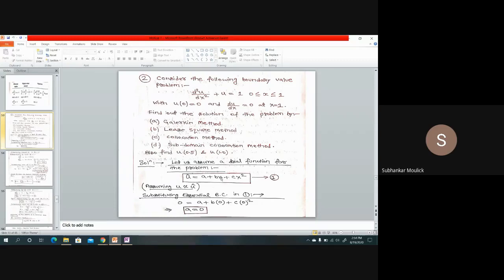So put x equal to 0, so u is 0, 0 is equal to a plus b of 0 plus c of 0 square. So b of 0 is 0, c of 0 square is 0, a is equal to 0.